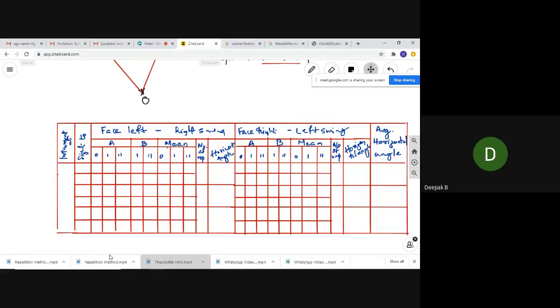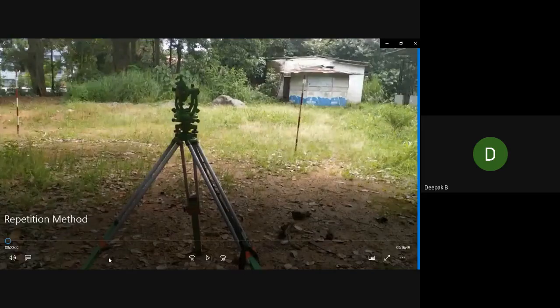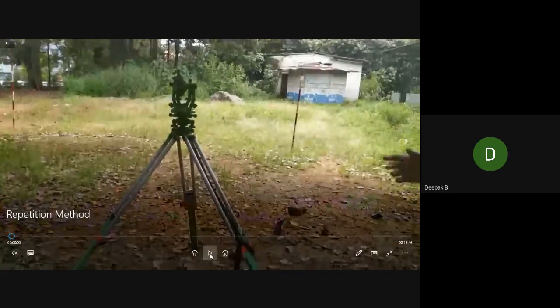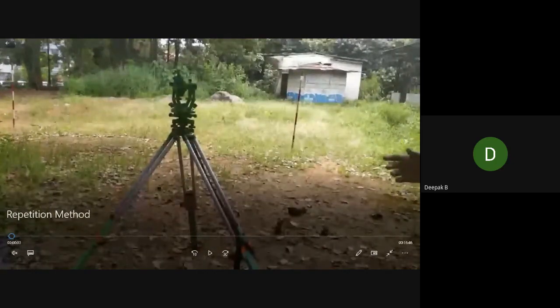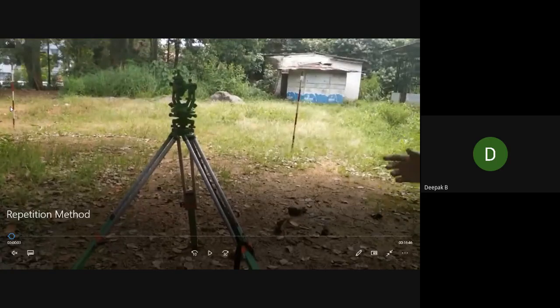Start doing the demonstration. Okay. So as you see, we can't recreate the obstruction here. So you have to assume that there is an obstruction here. There is the ranging rod here at P. This will be your P ranging rod, and this will be your Q ranging rod.